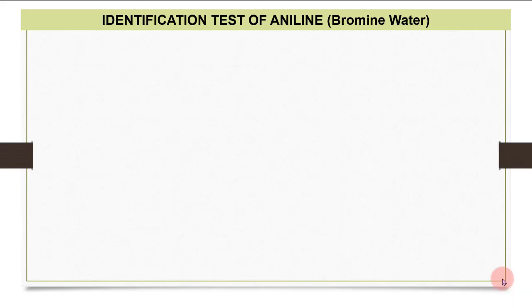So chapter 11, beside the Hinsberg test and nitrous acid test, we still have one more identification test for aniline, only for the aromatic primary amine, which is with bromine water.